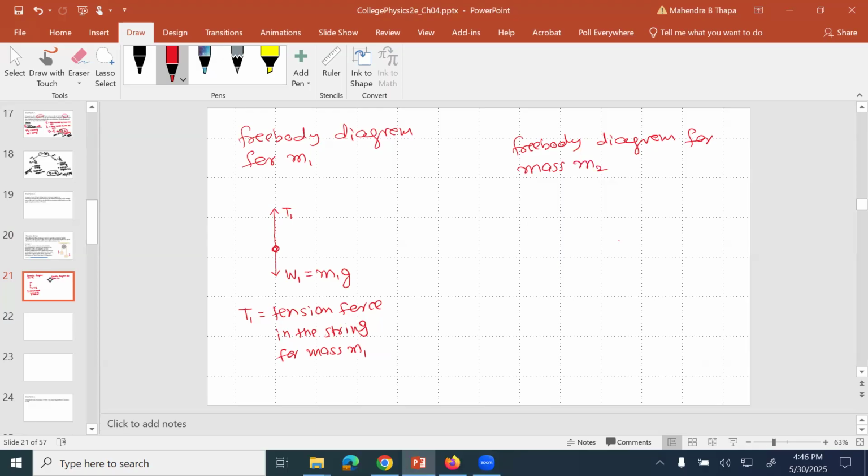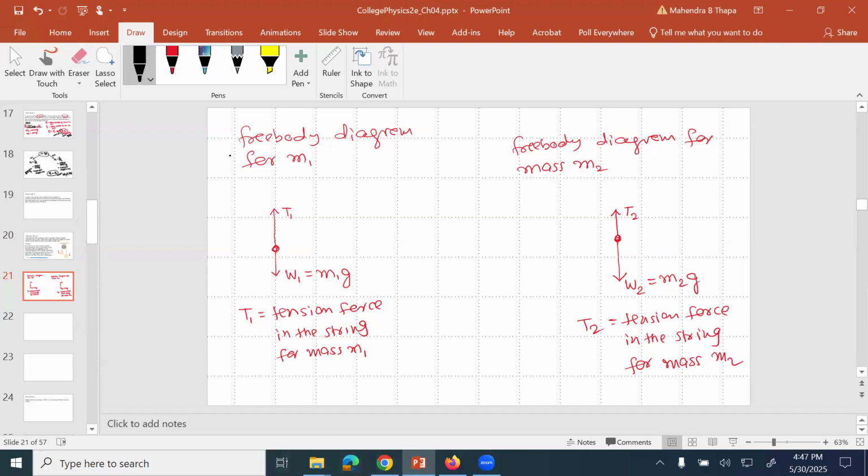Mass M2 is represented by a dot. The force from the string is T2, and the weight W2 equals M2 G. Here T2 is the tension force in the string for mass M2.